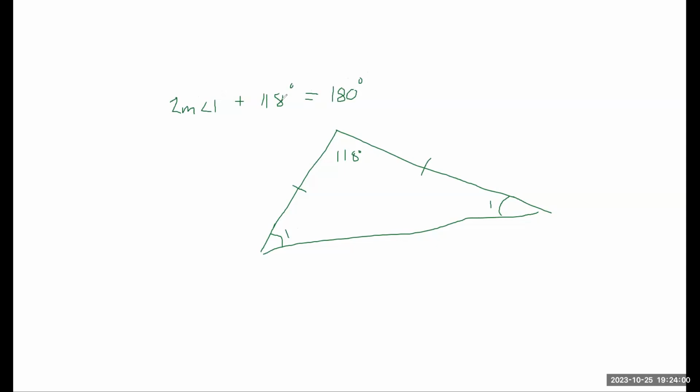To solve this equation, I'm going to subtract 118 from both sides. Two measures of angle 1. If you take 180 and you subtract 118, you'll get 62 degrees. We divide both sides by 2.